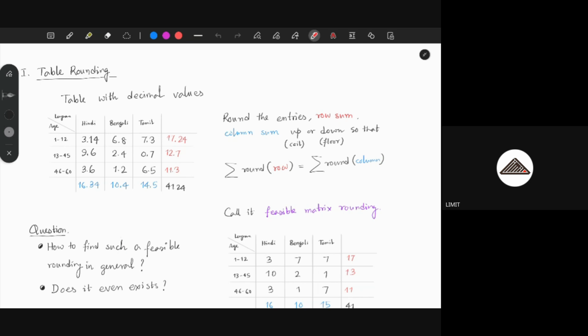They usually put some approximate round figures. So if we sum this up, this many people speak Hindi, this many people speak Bengali, or this many people speak Tamil.